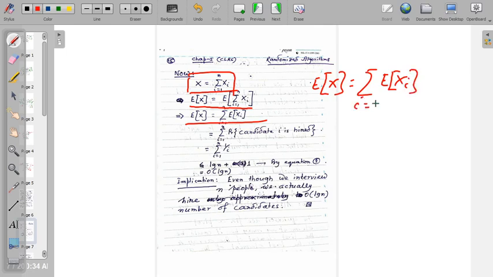That treatment will remain the same time after time. And now this expectation of xi, what is it? What is xi?